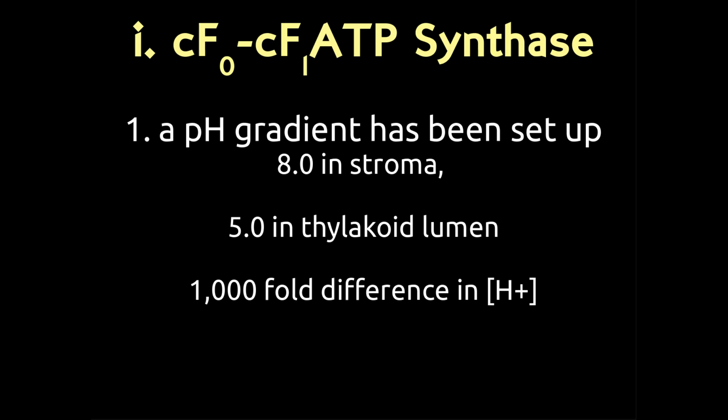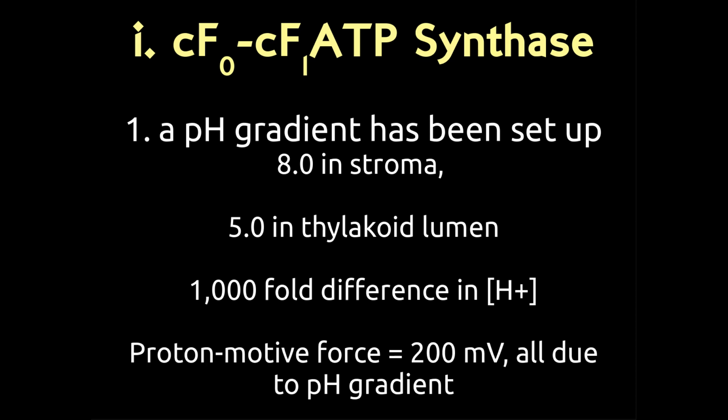However, it's electrically neutral across here for various reasons that I'm not going to delve too deep into, which means that we have a proton motive force of about 200 millivolts. That's not all that much more than the 120 millivolts that we had across the mitochondrial inner membrane, but it is still greater, and it's all due to the pH gradient.